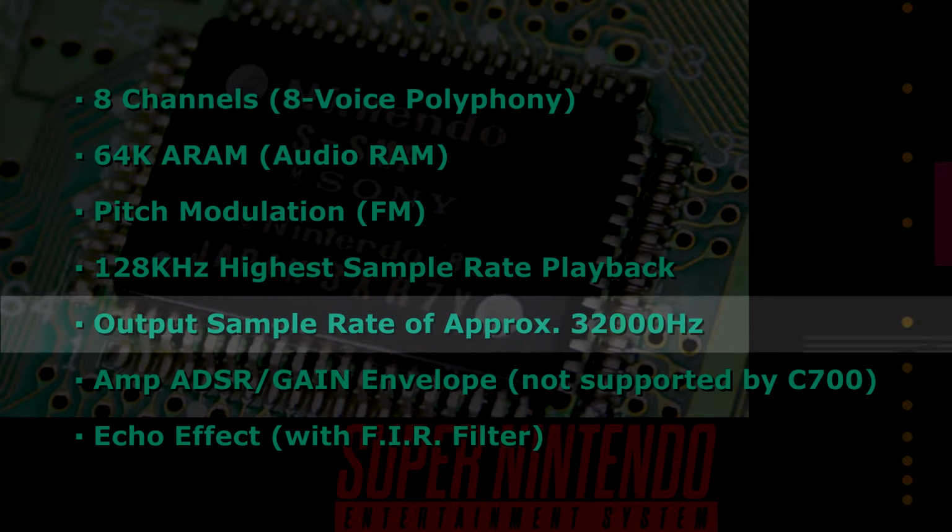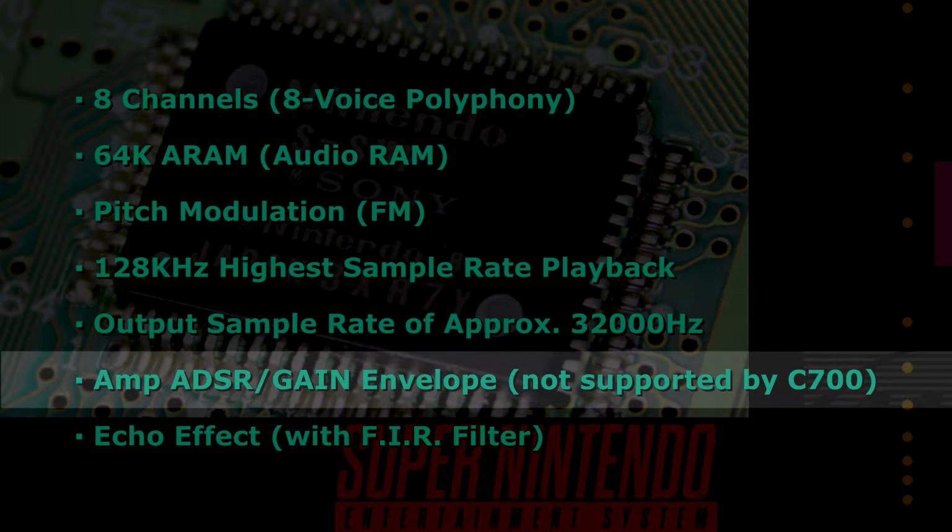It can be 32,050, 32,020, 32,071. Every Super Nintendo plays back at a different rate, which means every Super Nintendo will have different pitches, different speeds. Some of them slow down a little bit more depending on the temperature in the room. It's all based on the timing crystal within the system.